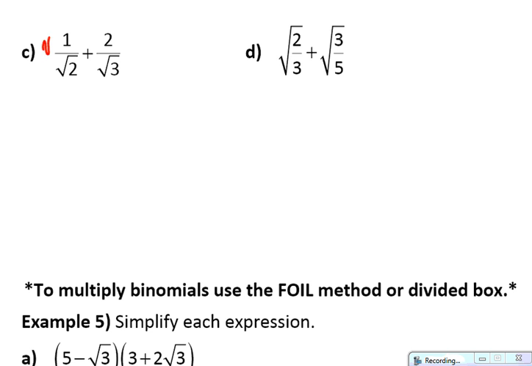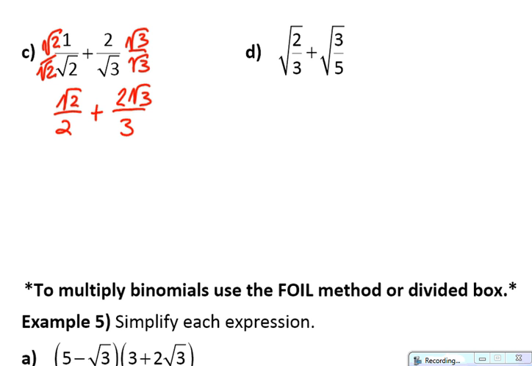So I'll start here, square root of 2, square root of 2, multiply by the clever 1, make this be square root of 2 over 2, plus the second one, I'll multiply by radical 3 over radical 3, and that's going to give me 2 radical 3 over 3.